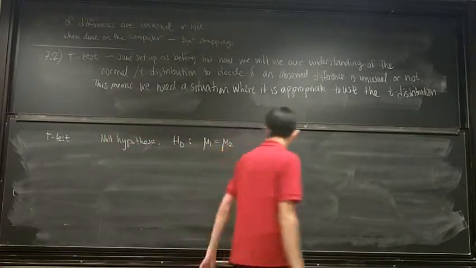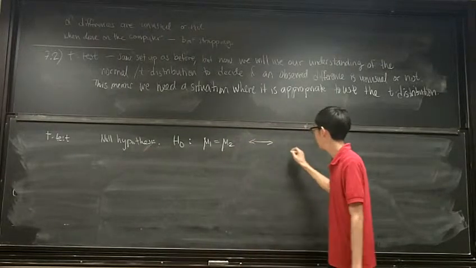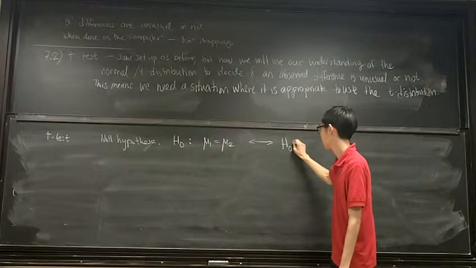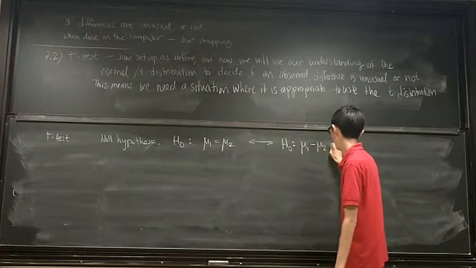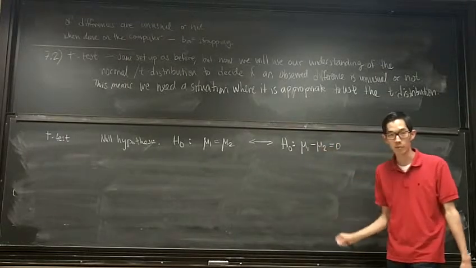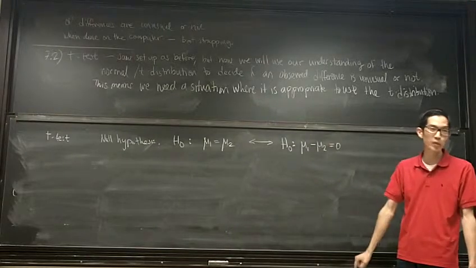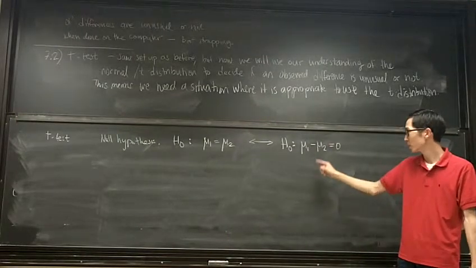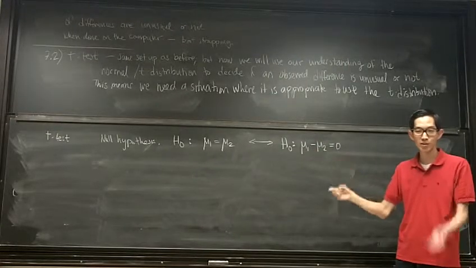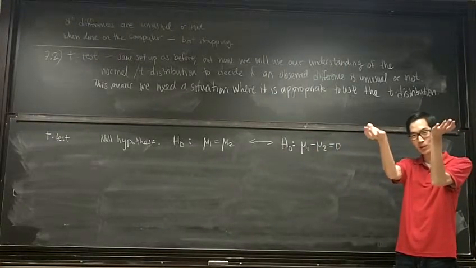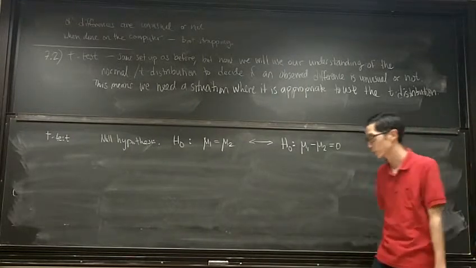Or alternatively, this is exactly the same thing, and a lot of times we will also write this. These two things say the same thing, right? We're either saying the mean of population 1 is equal to the mean of population 2, or the difference between the means is 0. So the numbers are the same, or the difference between them is no difference.